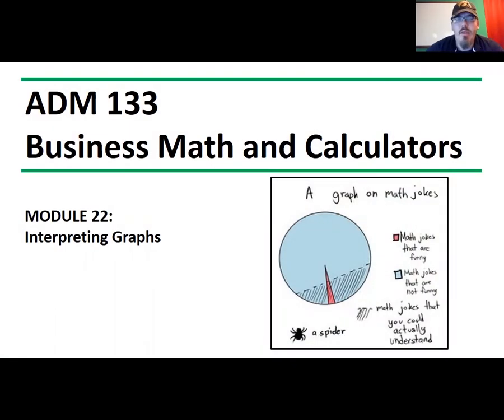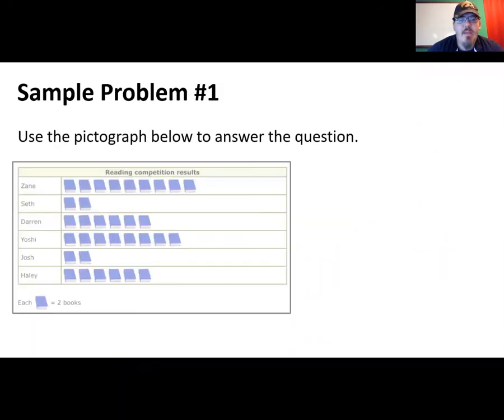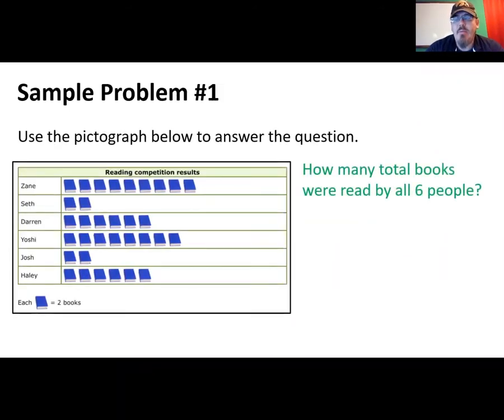All right, so here we go with some example problems. We're going to start by looking at a pictograph. Basically, a pictograph uses pictures, images, icons, something like that, to illustrate data.